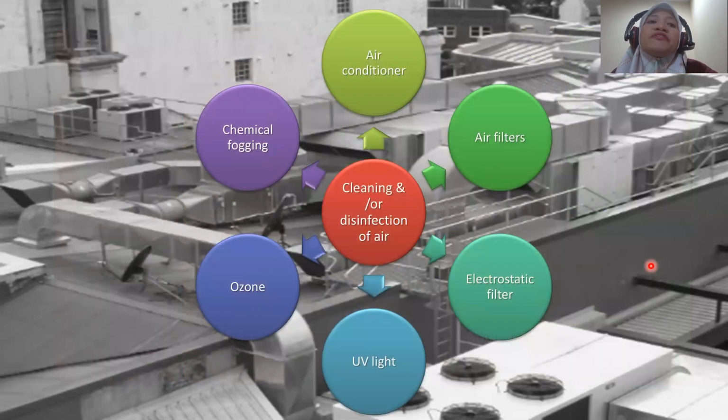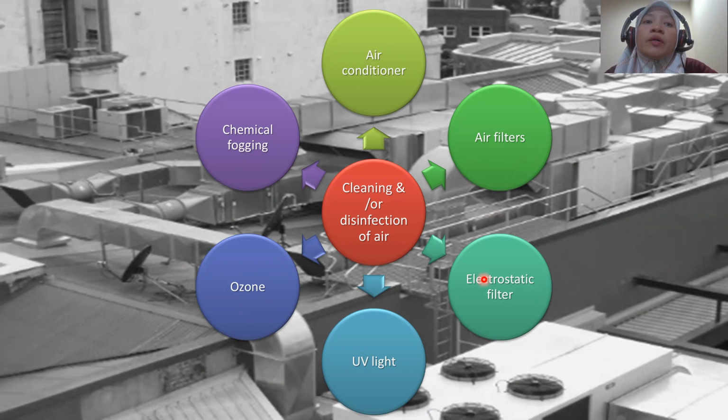If air is contaminated, cleaning or disinfection of the air must be performed. This can be done with an air conditioner and air filters. However, filtering the air will eliminate dust and gross particles that may harbor bacteria, but microorganisms may remain in the air.